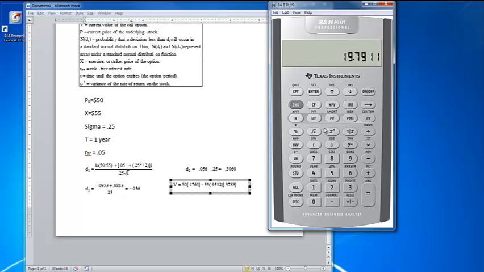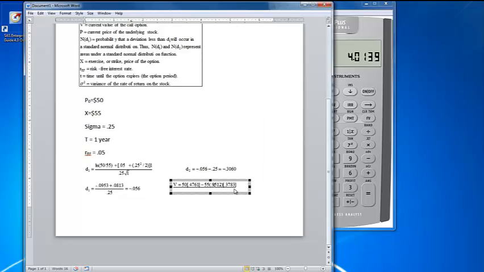That gives me a value of 19.79. Store that. So our value would be 23.81 minus 19.79, which gives me a value of $4.01.